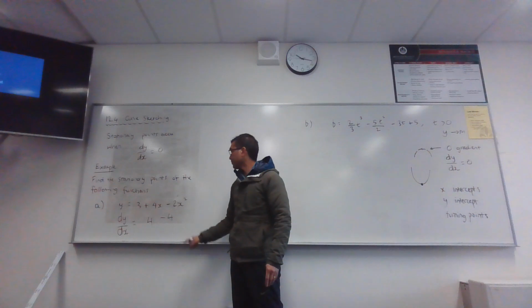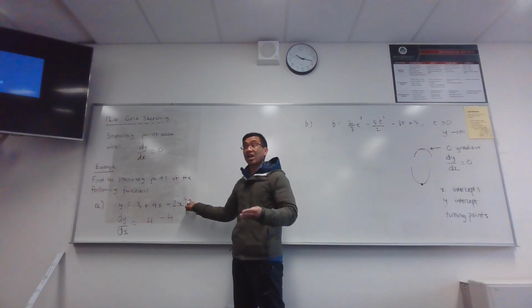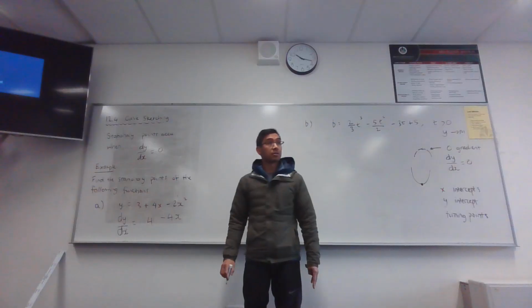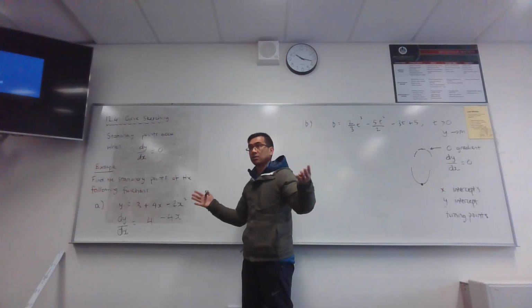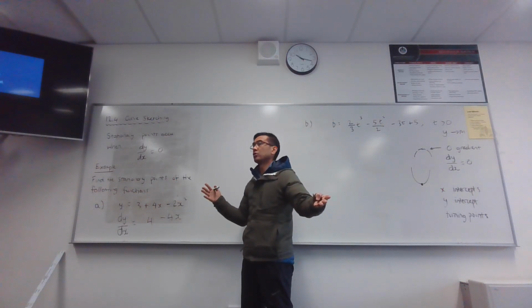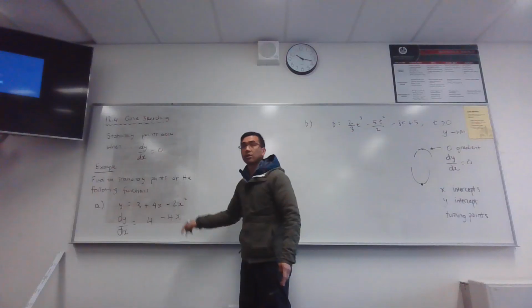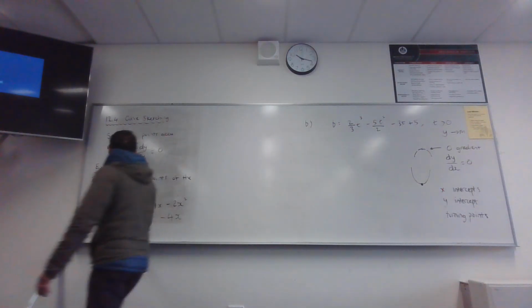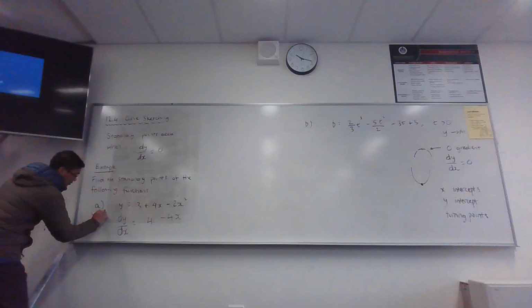Keep the negative sign. Once we action the multiplication, the new power is not 2. Which one? Goes down 1. Okay. So this is the graph, and this is the derivative graph.